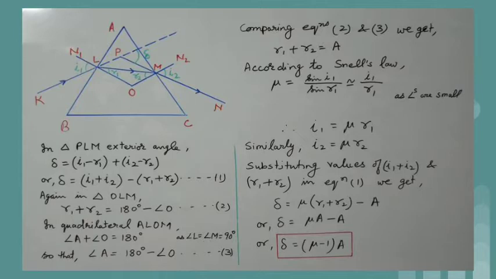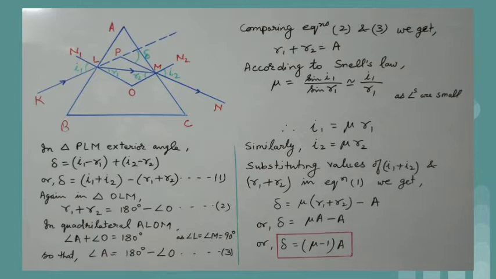Refer the diagram in which A is the angle of prism ABC and mu be its refractive index. KL is the light ray incident on refracting face AB at angle of incidence I1, which is refracted at angle R1 bending towards the normal N1O.